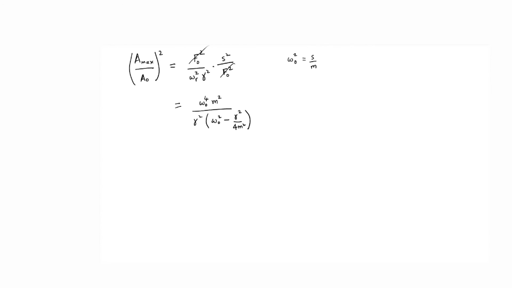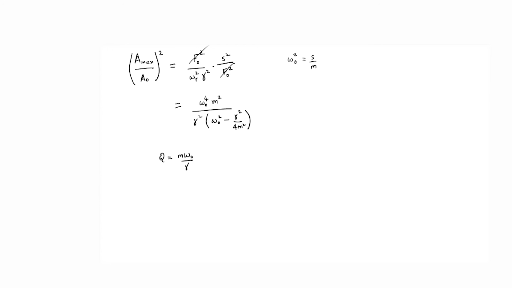So, from here on you will see that in this expression the only quantities that are involved are the quantities which we normally use to define our q value, which is m omega 0 by gamma. So, it becomes very easy to manipulate this to write it in terms of q values.